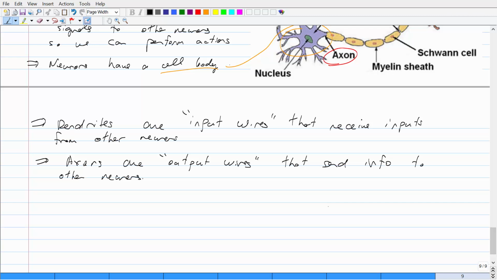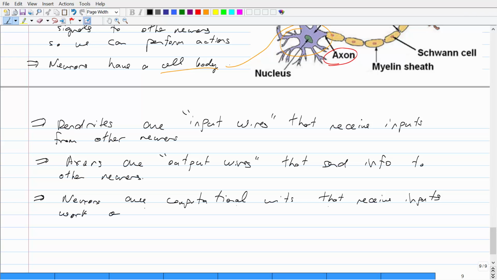So neurons are computational units that receive inputs, work on these inputs, and produce outputs.